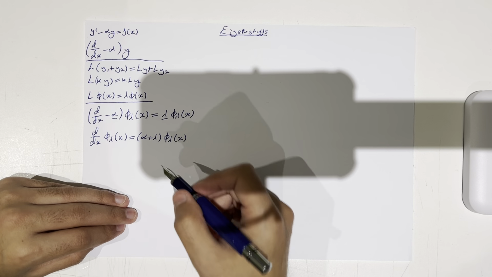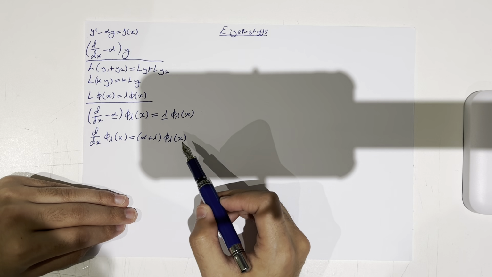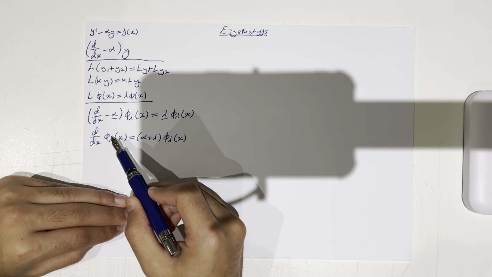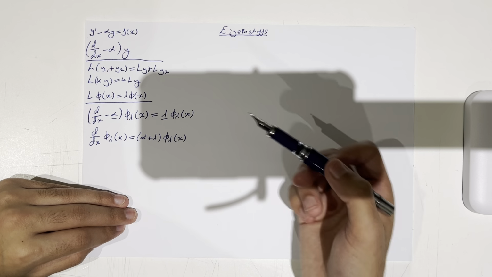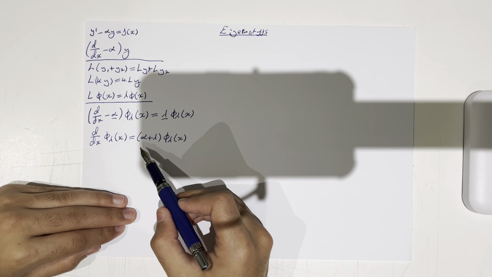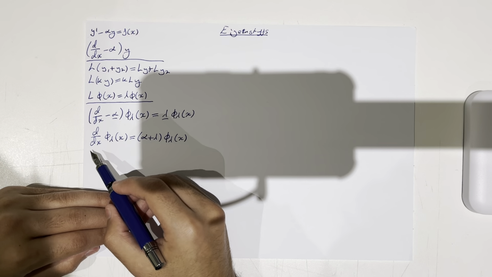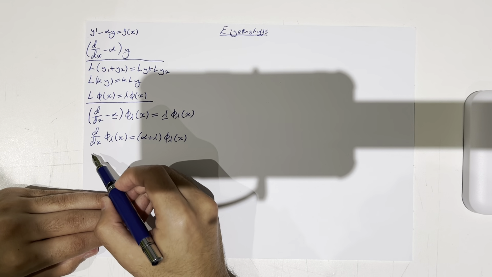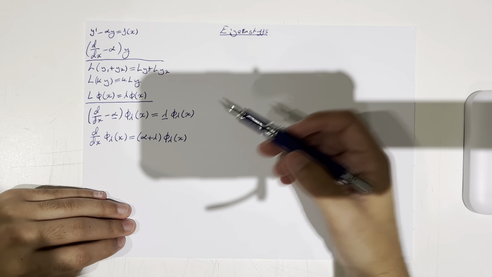This differential equation is solved by dividing by phi sub lambda of x, and we end up with the logarithmic derivative of phi sub lambda of x with respect to x equals alpha plus lambda. And we also see that this is easily integrated.